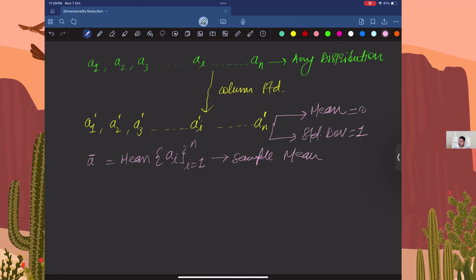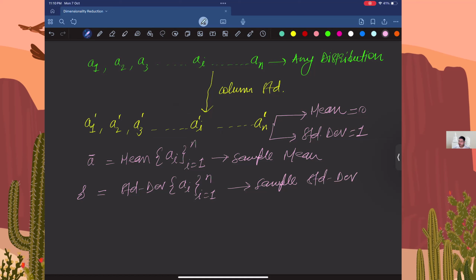And I am representing the standard deviation by small s, and my standard deviation is basically computed over AI, where I is equal to 1 till n. And this is my sample standard deviation.